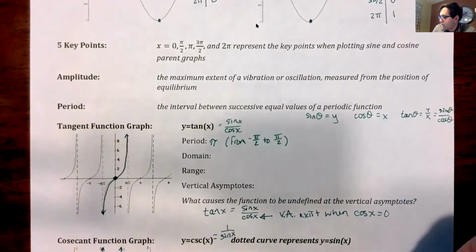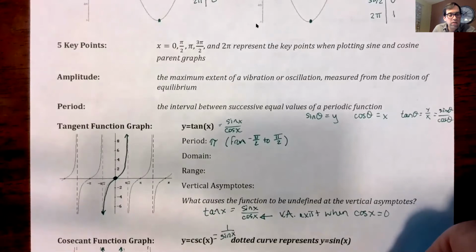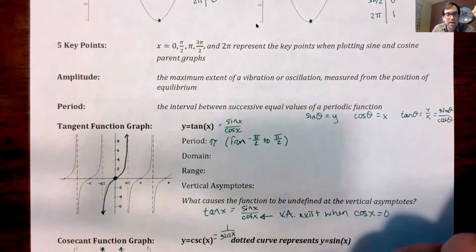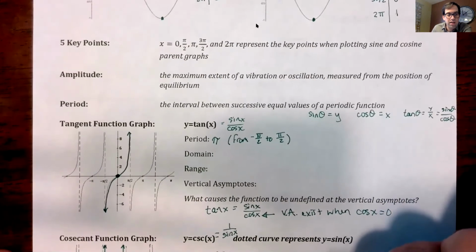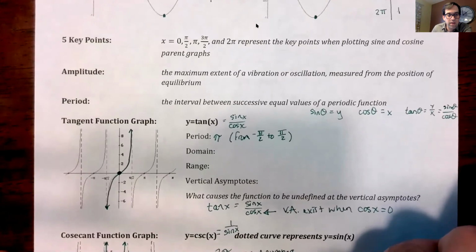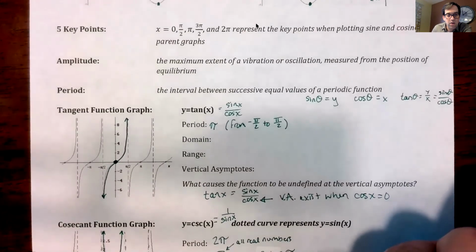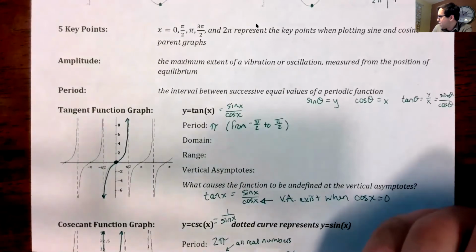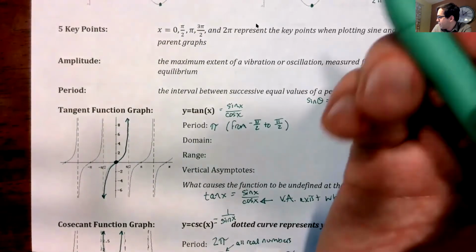We could keep going and try other points, but really at this point, all you really need to see is that this is what the tangent graph looks like. When we meet in class, we will talk more about where this comes from. We're going to see some animations with the unit circle at some point, but I'm just going to make sure we have this all filled in right now.